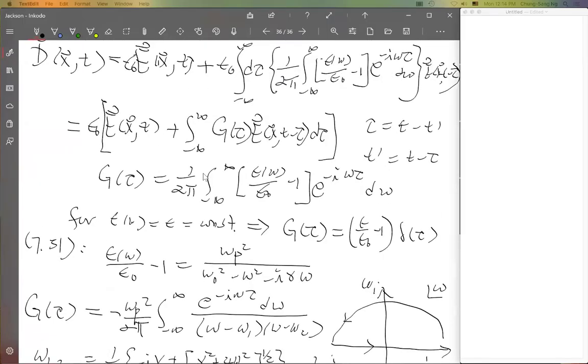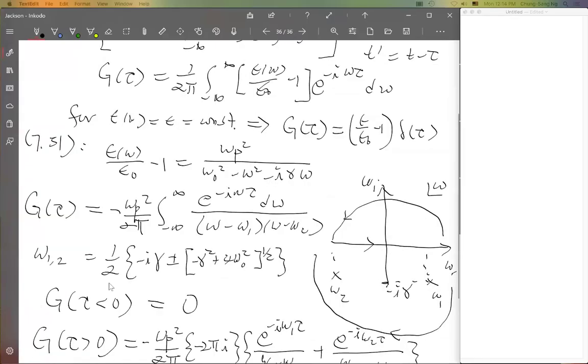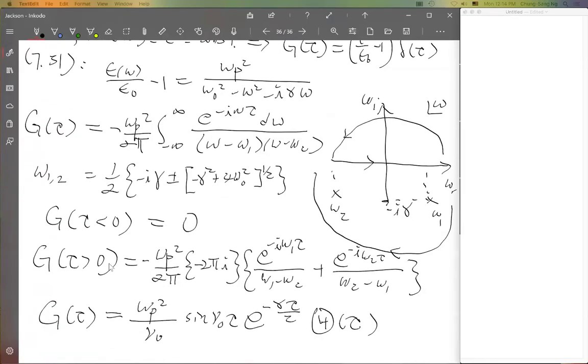It means that the present value depends only on the past value instead of the future value, because you don't know the future by the second law of thermodynamics. So when we build any model for the dielectric constant, it must satisfy this causality condition. And the consequence will be G is only non-zero for positive tau.